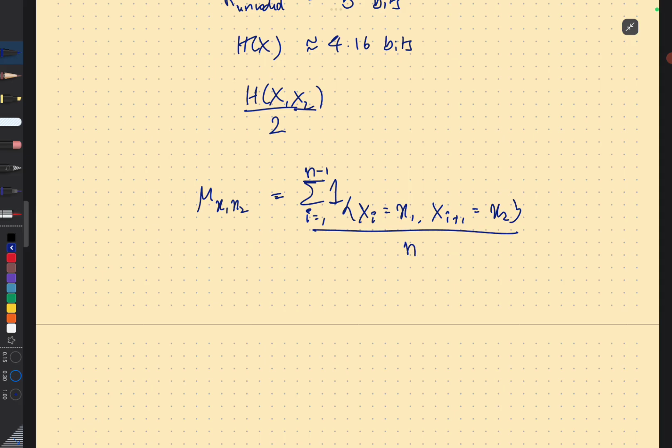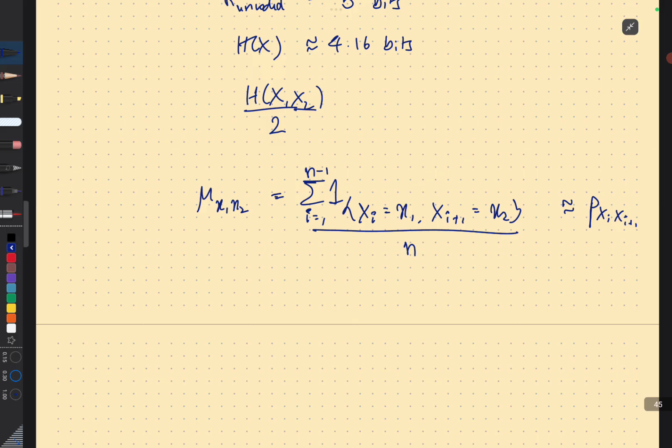So you look at consecutive symbols, certain symbols occur in pairs, and this is the frequency of those pairs. If the source is assumed to be stationary, then this quantity is going to be roughly equal to p of x_i, x_{i+1}, the probability mass function of any consecutive pair of symbols. Okay, this is assuming that it's a stationary source.